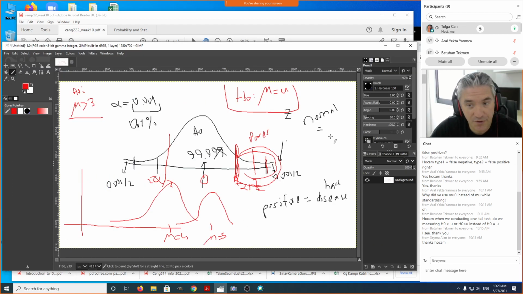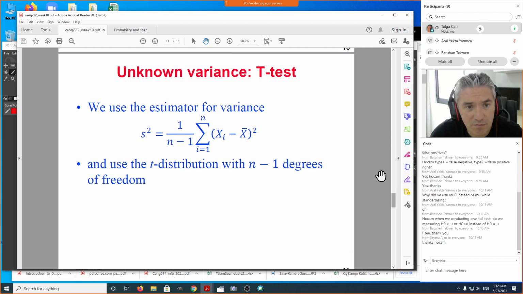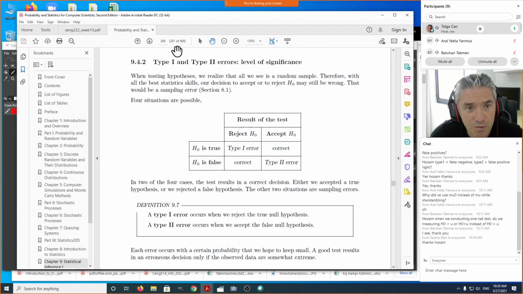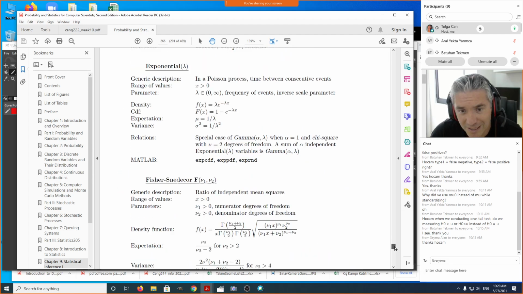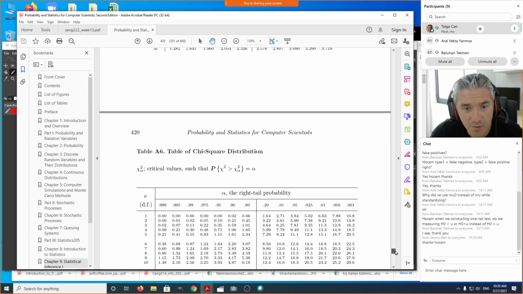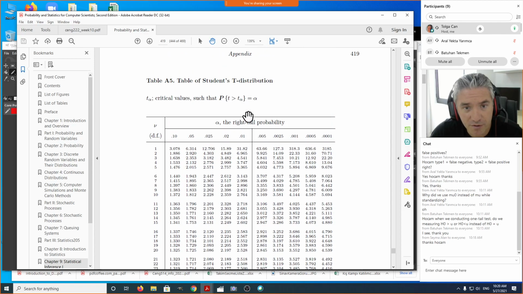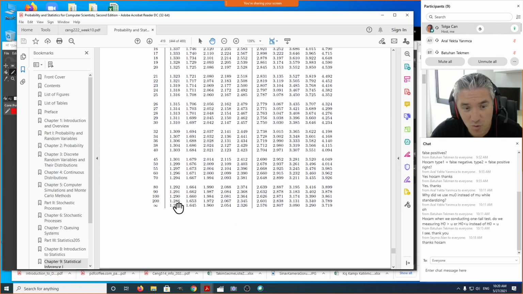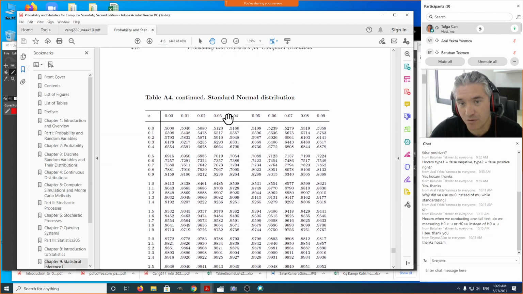Let's go to the end of the book to see. This is page 291. If you go to the T table at the end of the book, right here, A5, this is the T table. After 200, if you look at these values, they will be exactly the same as the z values you get from the normal table. So you may as well be conducting a z-test.